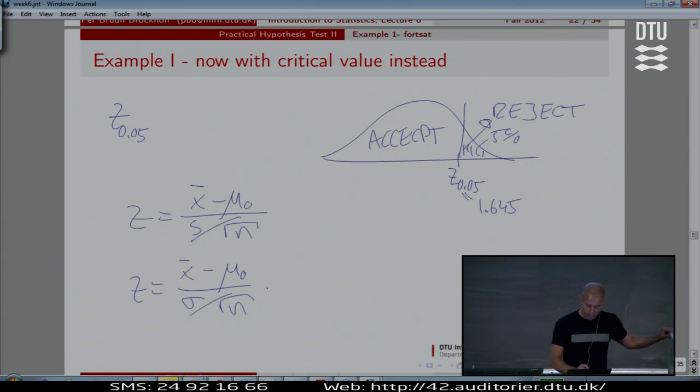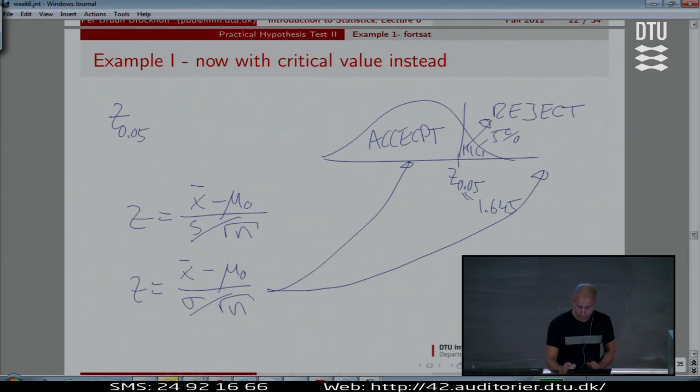If this set is not very far away from the claim, then we accept the claim. If the data is larger than 1.645 away from the hypothesis, measured like this, then we reject.